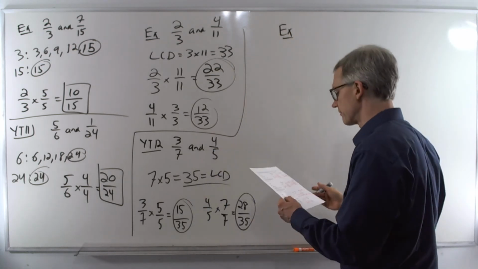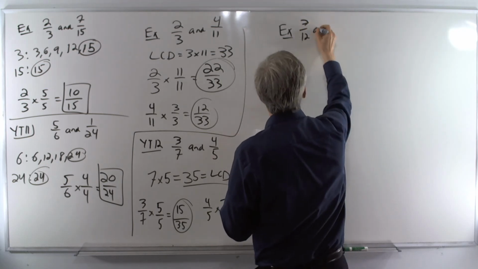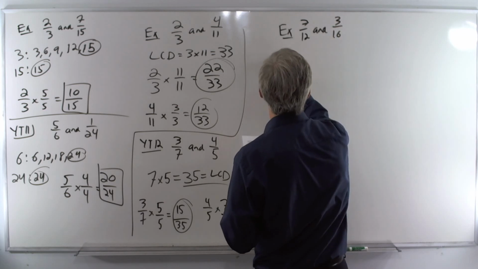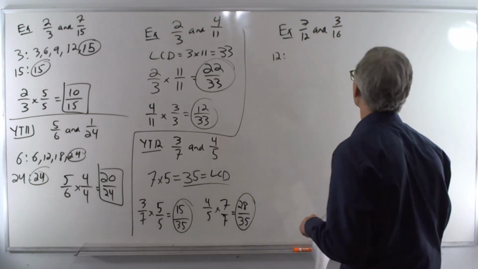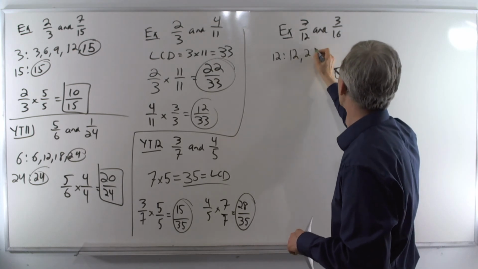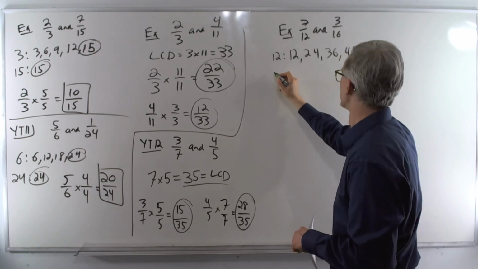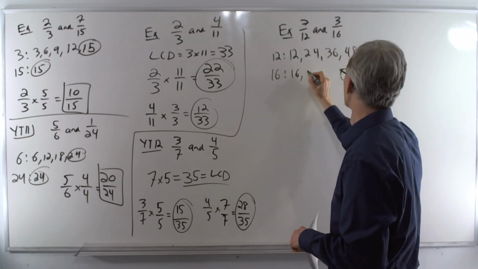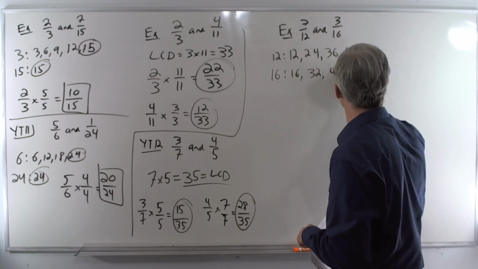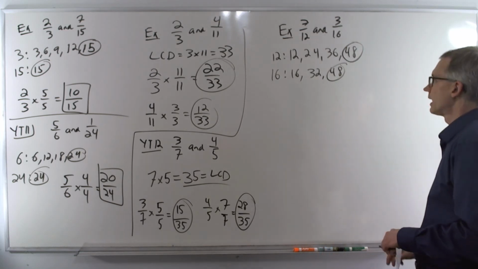Next up, we've got 7/12 and 3/16. No primes in these denominators, so we're going to have to do it the long way. There's our first match. We got an LCD of 48.